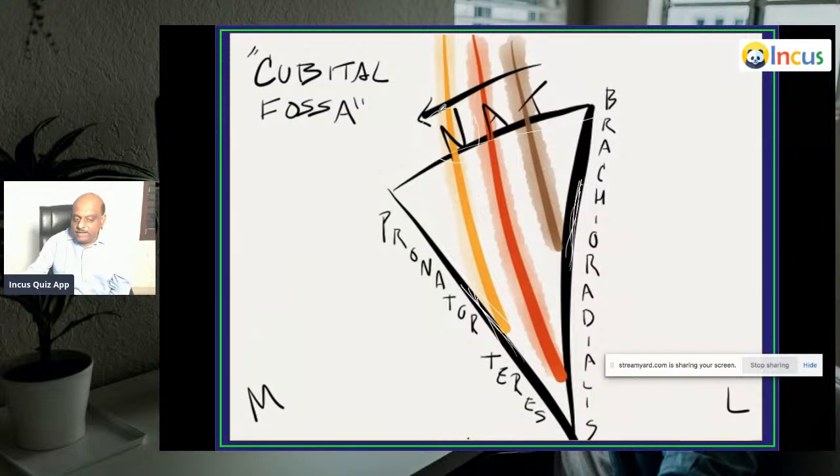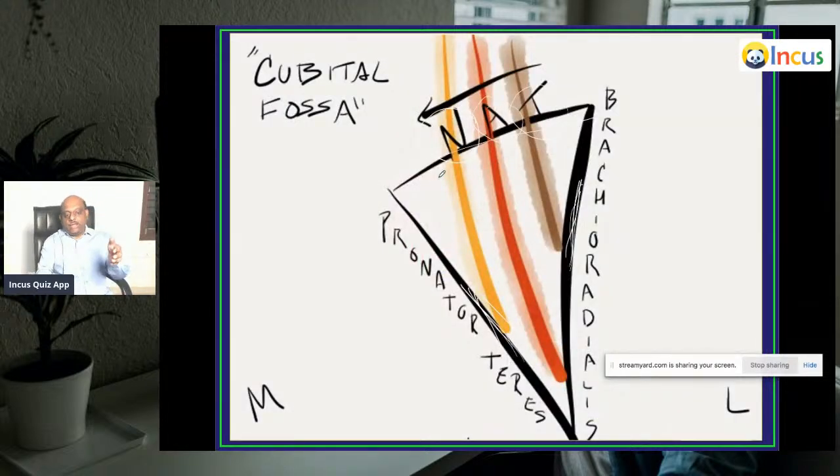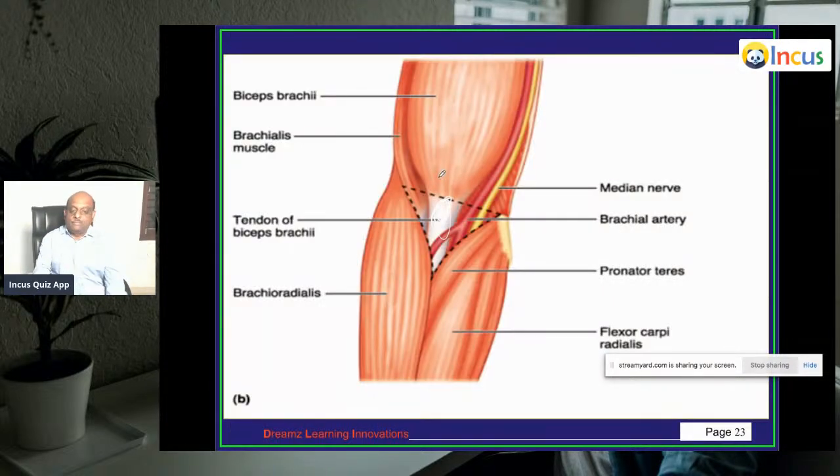Most medial will be nerve, in the middle artery, most lateral will be the tendon of the biceps. So this is how the tendon of the biceps brachii is typically located, most lateral. And the median nerve, the brachial artery.